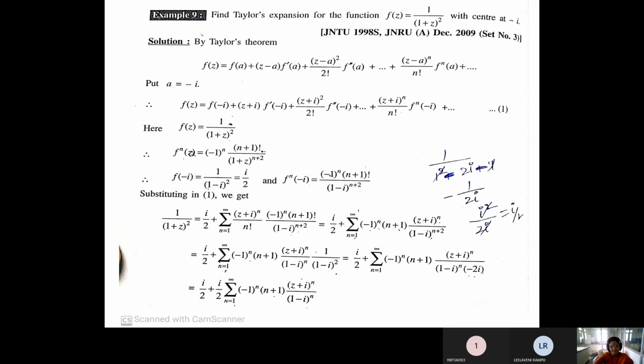Similarly, fn of minus i. In the place of fn of z, substitute minus i: (minus 1) whole power n, (n plus 1) factorial by (1 minus i) whole power n plus 2.